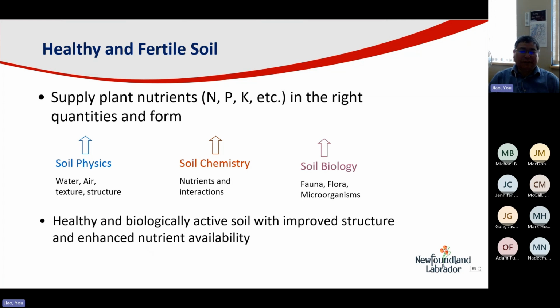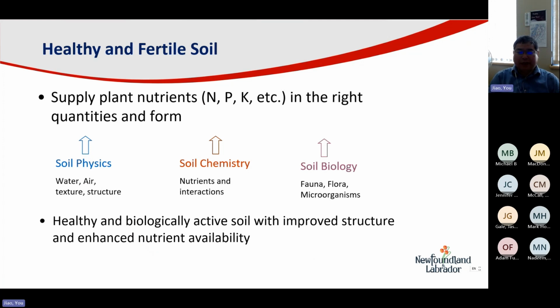The first is soil physics, dealing with water, air, texture, and structure. This part, during the last session, Sean gave very detailed work, and Jinsei also showed slides on soil structure and a lot of soil physics work.